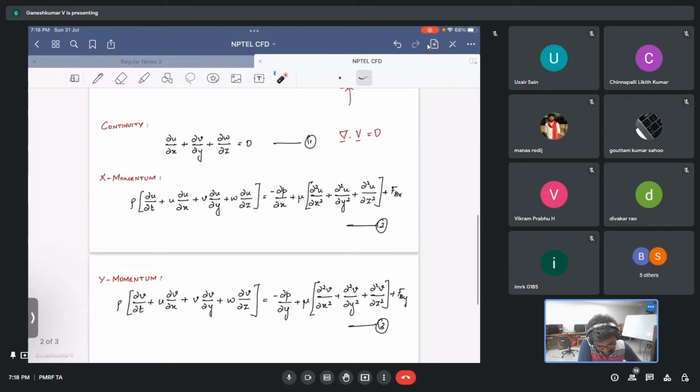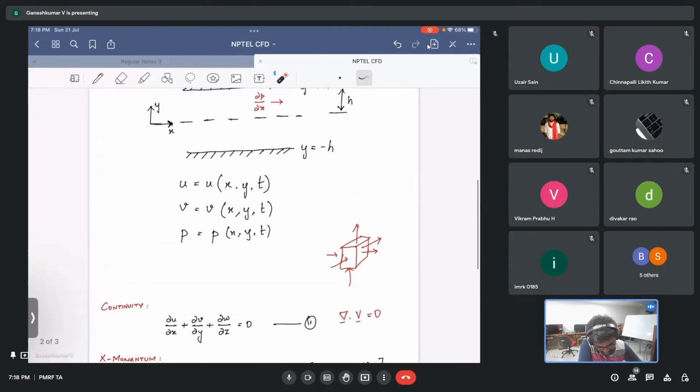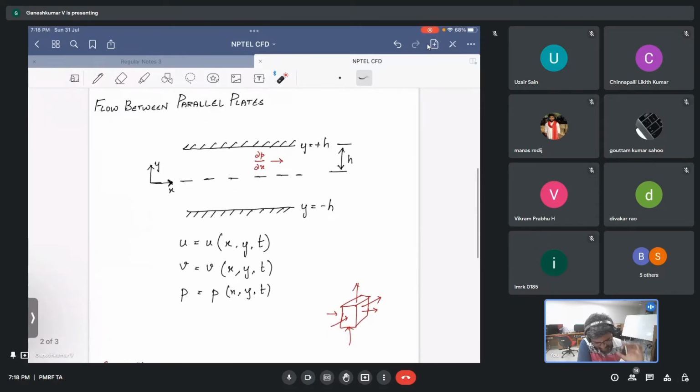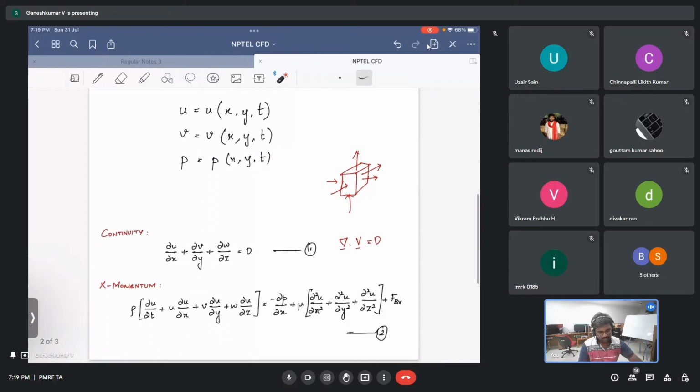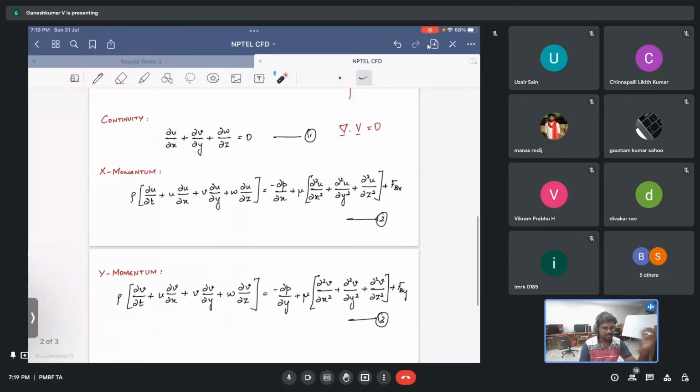So coming back to the discussion, let's say this is our problem, flow between parallel plates. For this problem, what I mean by solving is solving for velocity and pressure. To solve for velocity and pressure, we need to have continuity and momentum equations. So we will solve the continuity and momentum equations.